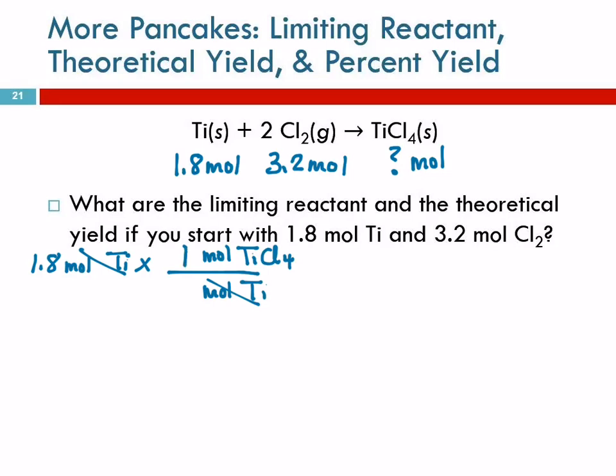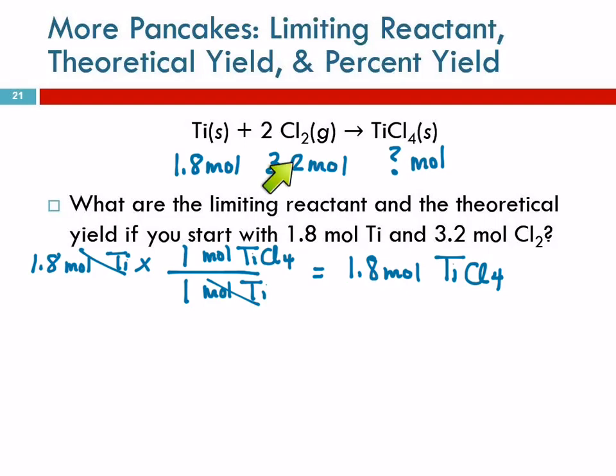So 1 and 1. Well, that math is pretty easy. That's going to come out to be 1.8 moles of titanium 4 chloride. That's not necessarily our answer, though.